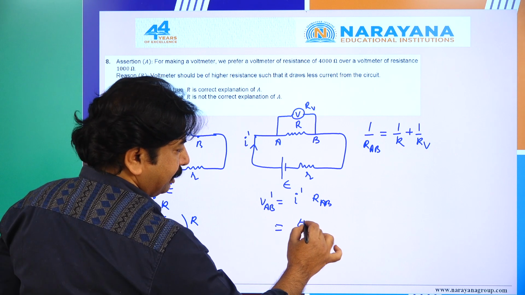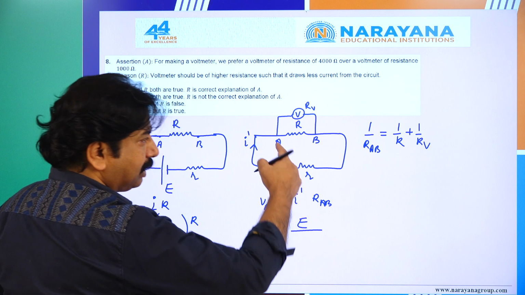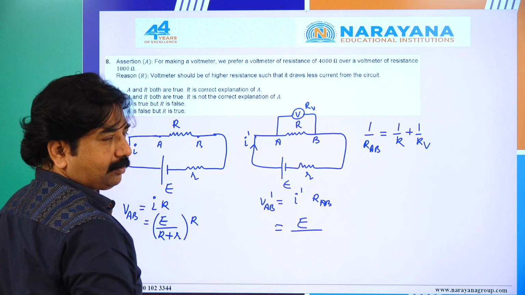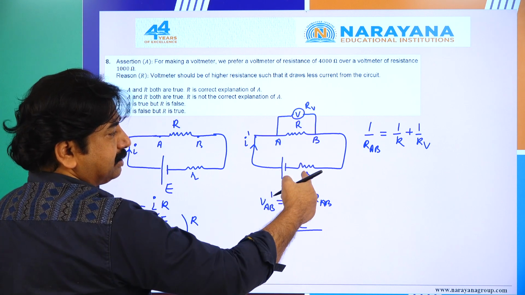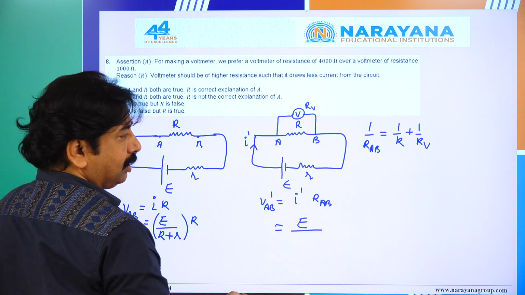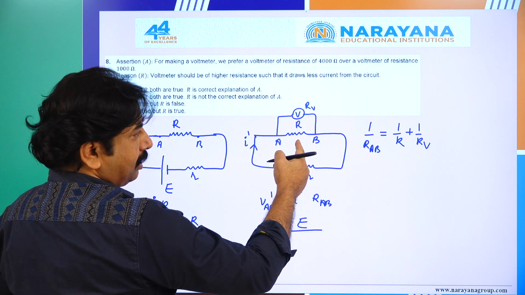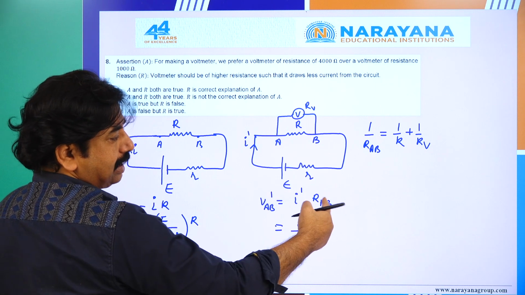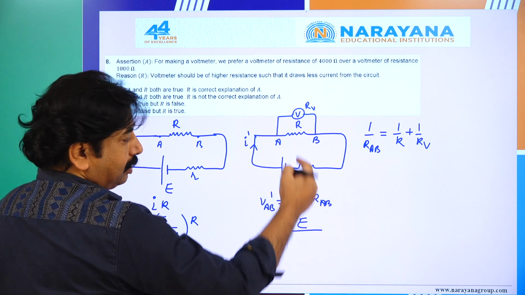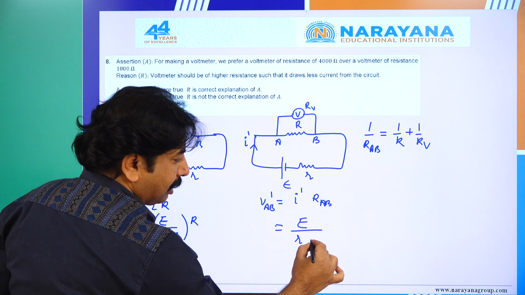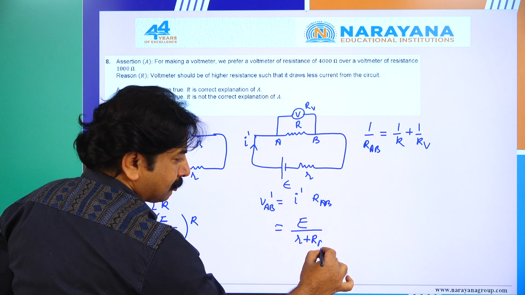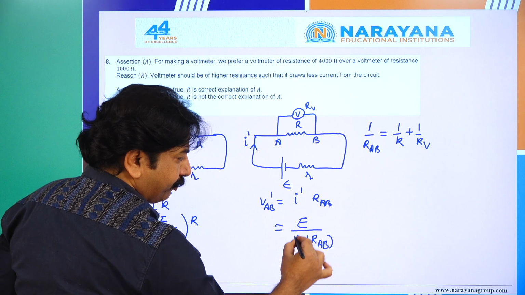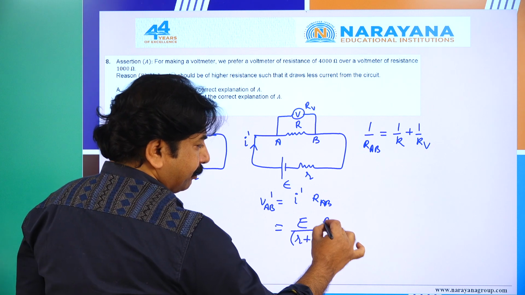This is nothing but E by the total resistance in the circuit. This combination is again parallel to this one, so the net resistance between A and B is considered as RAB. Then this will be R plus RAB, of RAB.